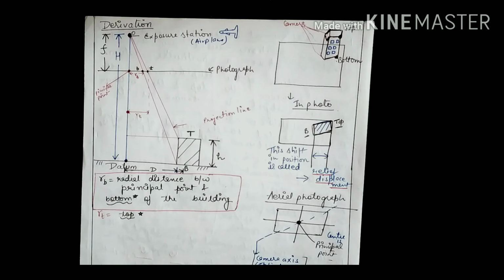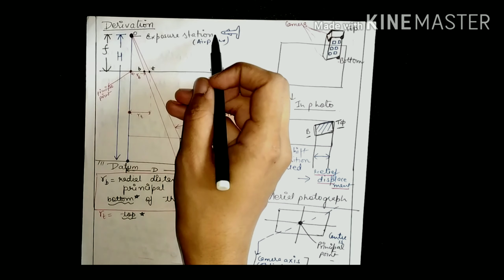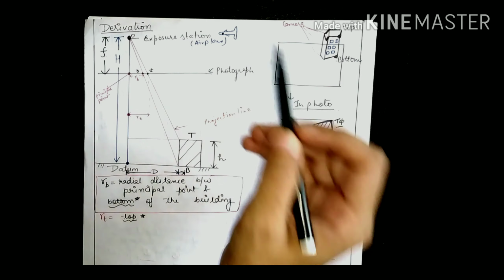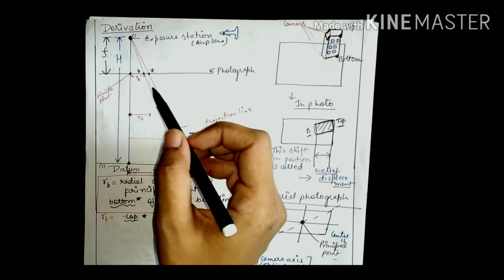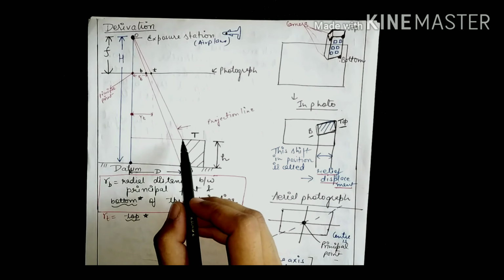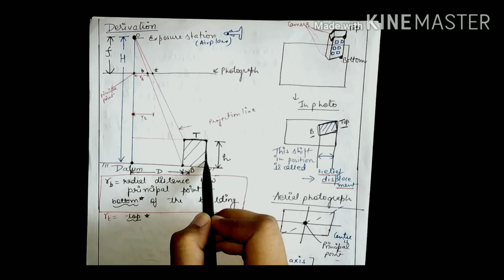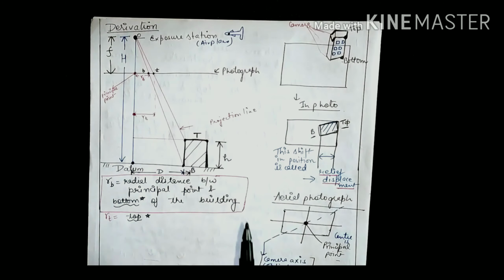Let us look at the derivation. This is the exposure station, the airplane on which the camera is mounted. This position is termed O. After that, this is the datum, and this is the building to be photographed by the camera mounted on the aircraft.